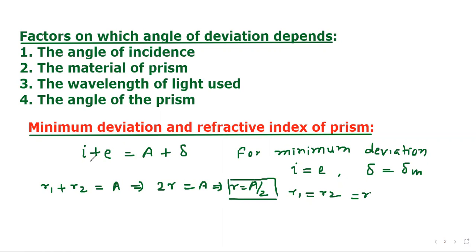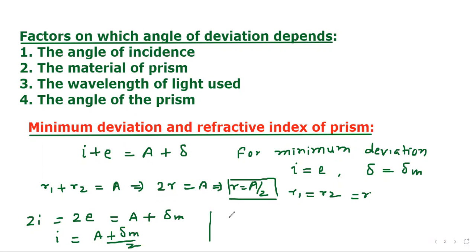Also from here, since I equals E, we can write 2I equals A plus delta, which can be written as delta M, the minimum deviation. So I equals A plus delta M divided by 2.